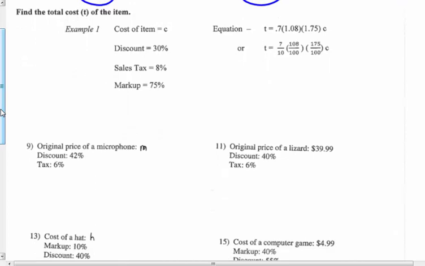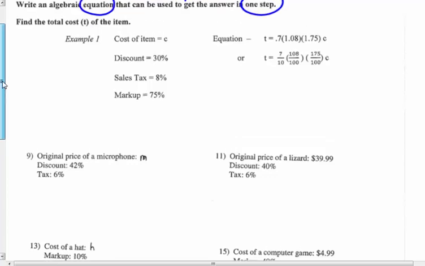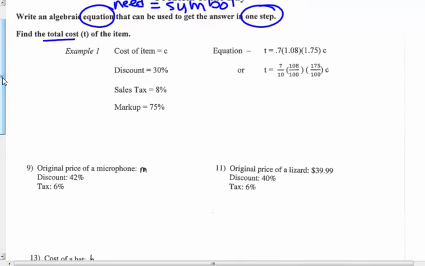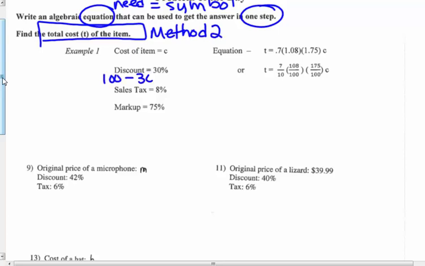Example 1, the item costs C, the discount is 30%, the sales tax is 8%, and the markup is 75%. Oh my gosh, finding the total cost. So this you're going to have to use method 2. So the discount, 100 minus the 30%, that'll give you that you're going to pay 70%.